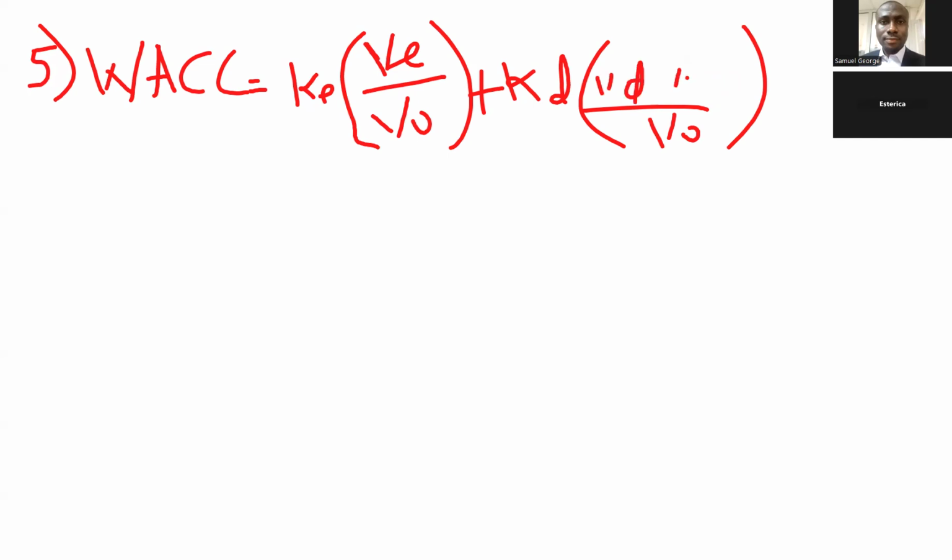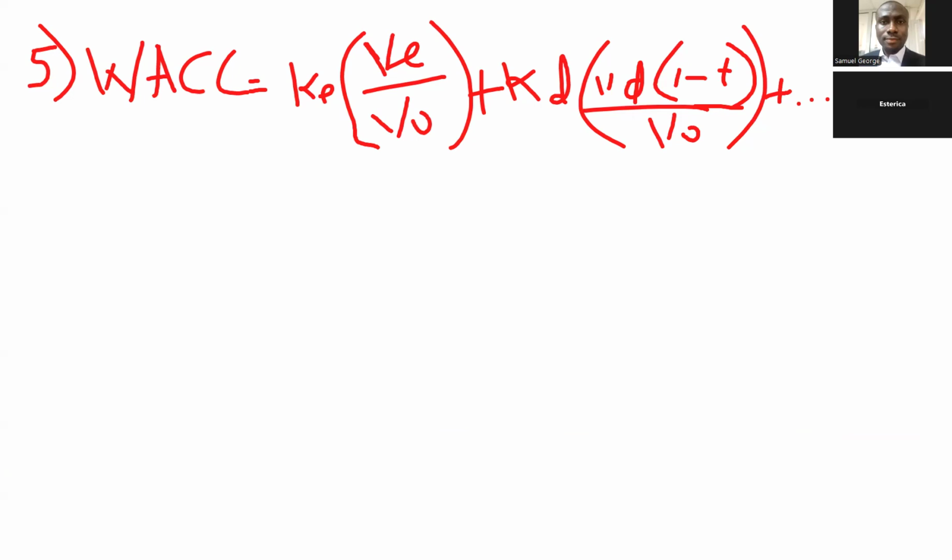T is the tax rate. Plus, and so on, depends on how many you have: different shares, bank loan, anyone. So this is WACC.